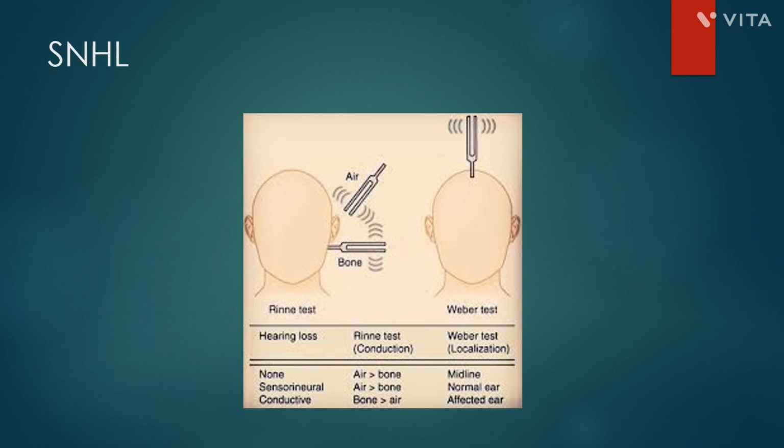Now, Rinne versus Weber, you have to know what happens in Rinne and Weber in sensorineural hearing loss and conductive hearing loss. In sensorineural hearing loss, Rinne is normal, it's air conduction more than bone conduction, but Weber lateralizes to the normal ear, which means if the Weber lateralizes to left, there is right sensorineural hearing loss.